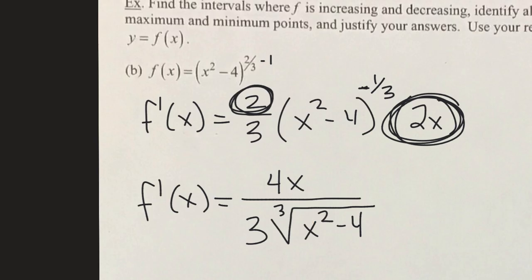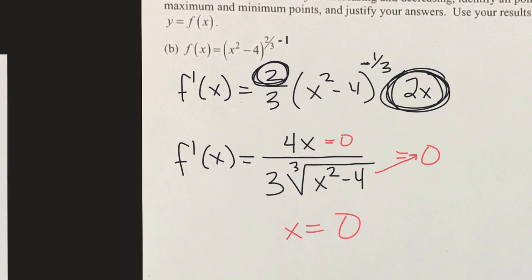And we want to know what are the critical values, so where does this equal 0? So let's do our multiplication. We're going to multiply by our denominator. So 3 times that thing is, basically we want to know when our numerator is 0, and that happens when x equals 0.